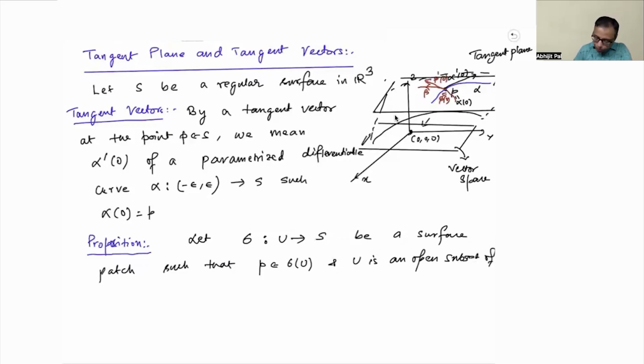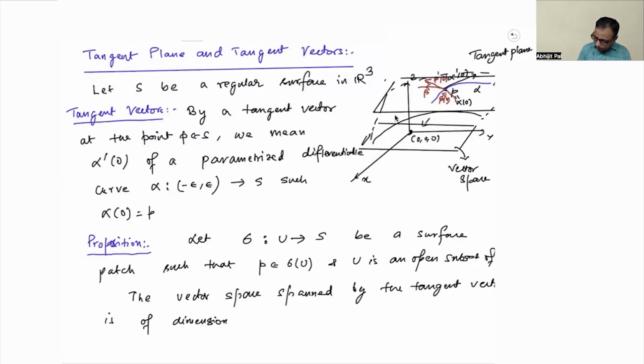Okay, maybe I'll just write this thing. The vector space spanned by the tangent vectors is of dimension 2.